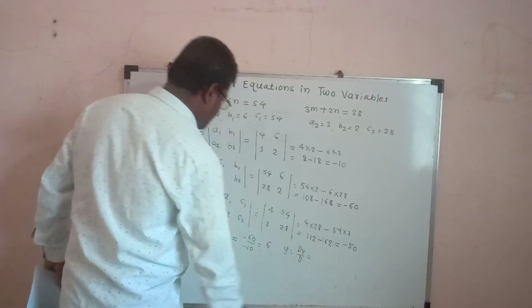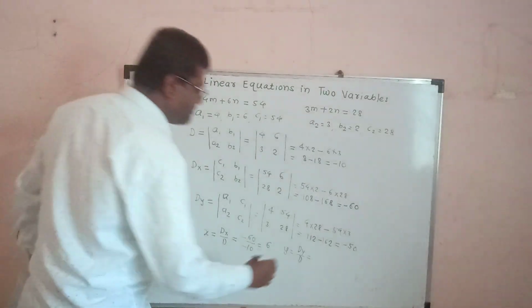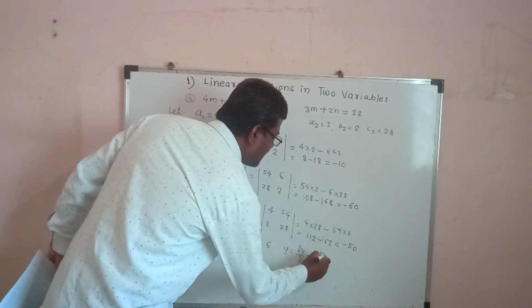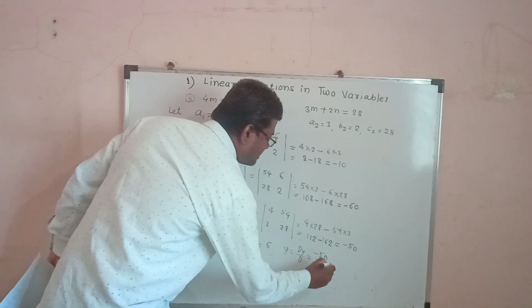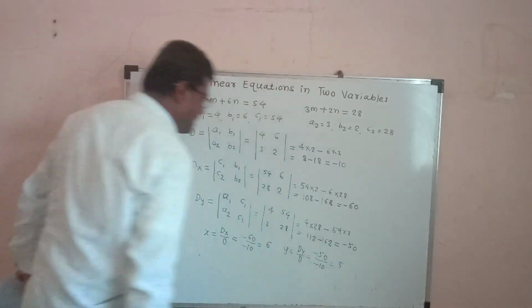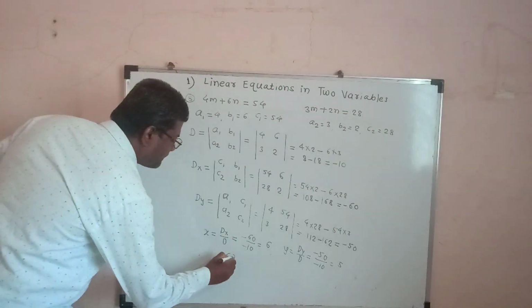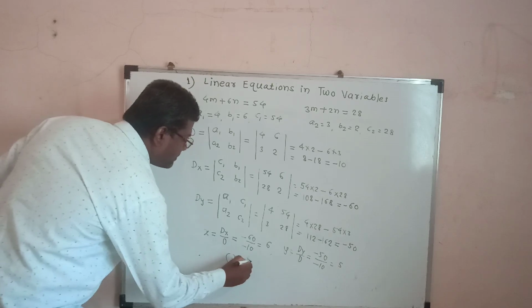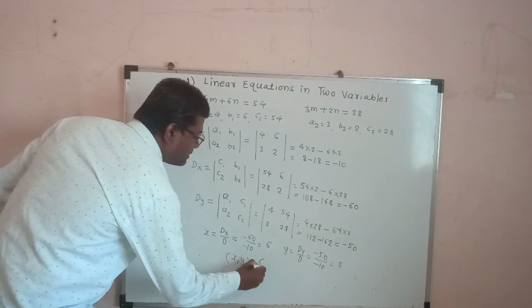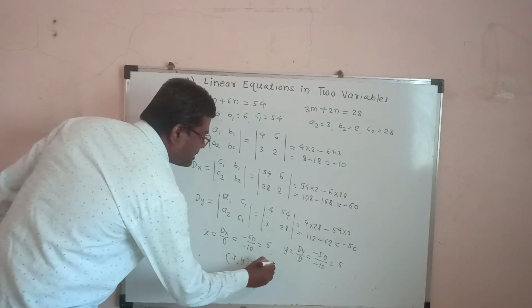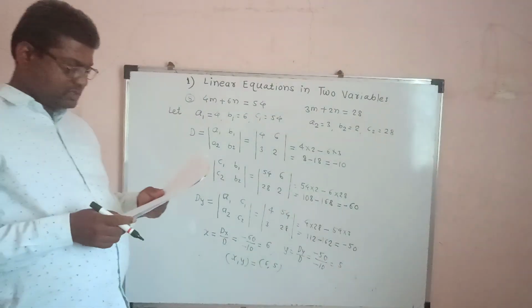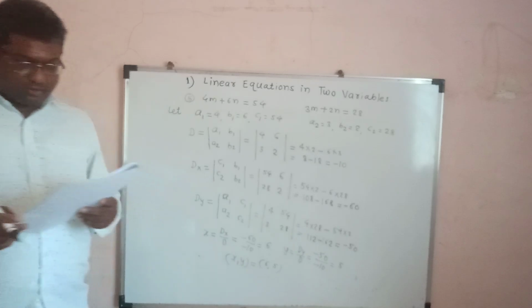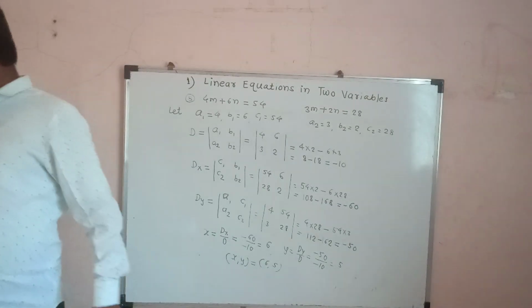So value of dy is minus 50 and value of d is minus 10, is equal to 5. Therefore, solution of the simultaneous equations is x is equal to 6 and y is equal to 5.